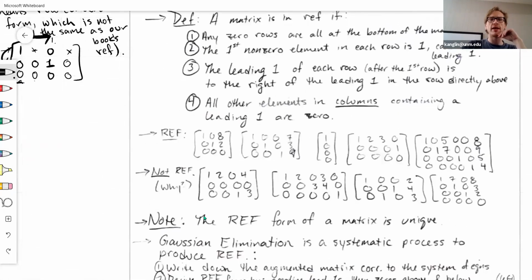So that's what I've been getting at here, this note that the reduced row echelon form of a matrix is unique. No matter what order you apply all these different row operations to get it into this form, once you end up in a form that meets all 4 of these conditions, there's nothing else you can do. You are stuck with one option that you could have ended up at. It's a very, very useful fact here.